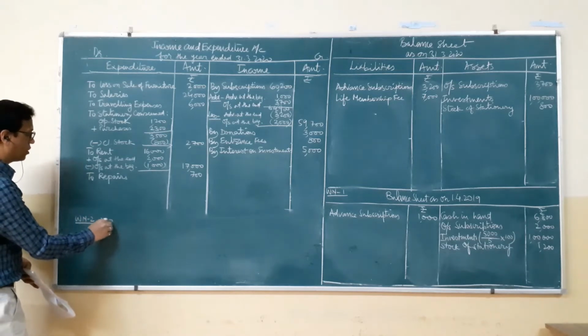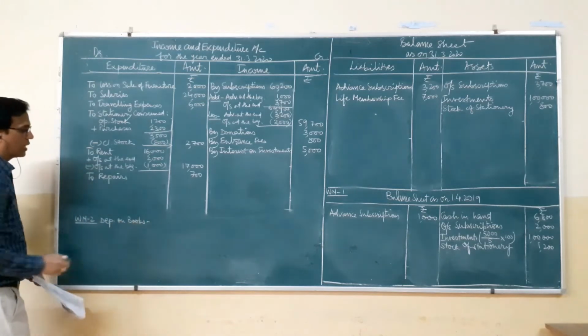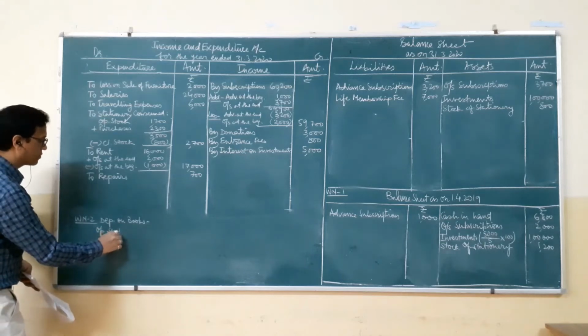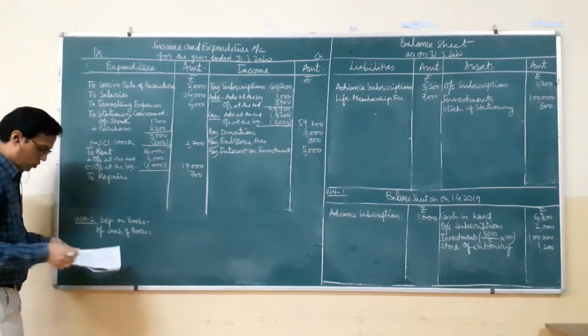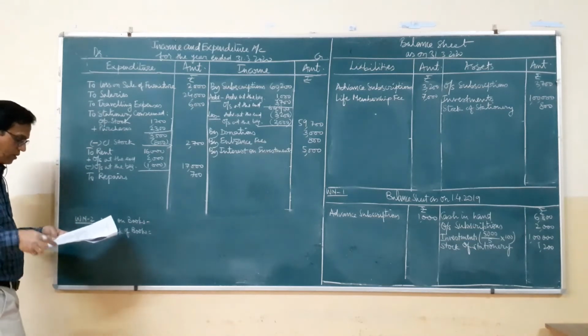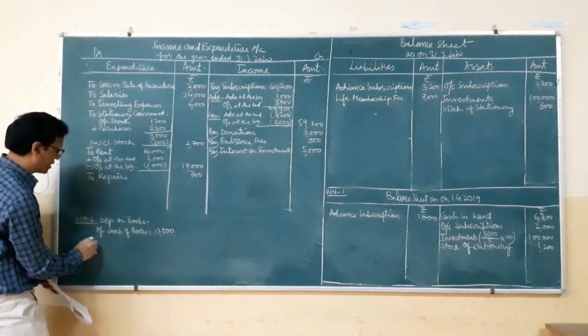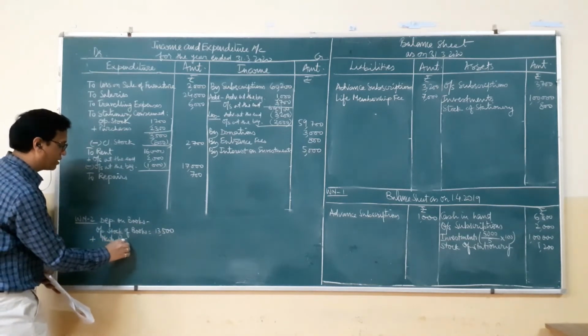Depreciation on books. How to calculate? Opening stock of books. Stock of books is given, 13,500, plus new purchases, newly purchased. That's given in the payment side.